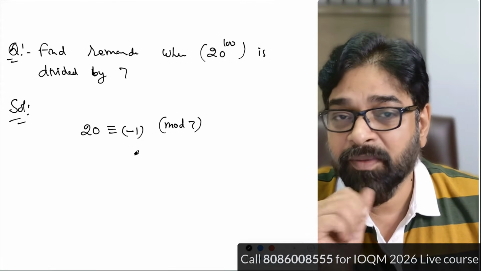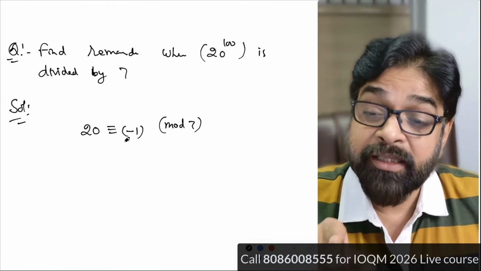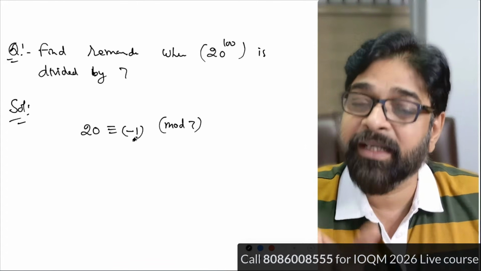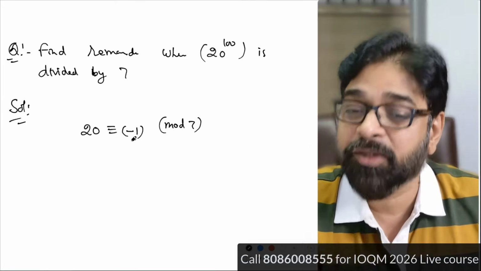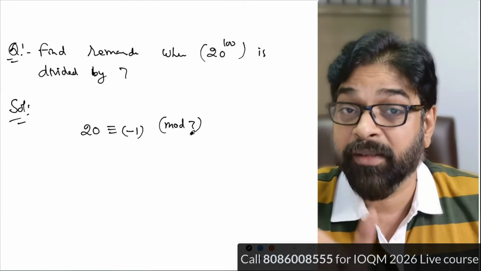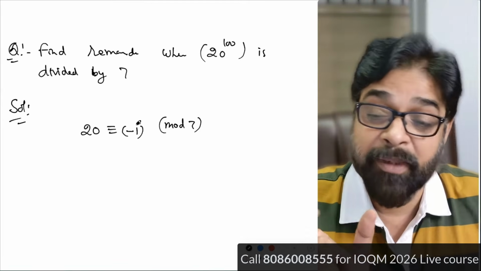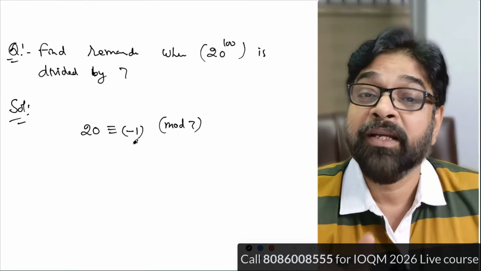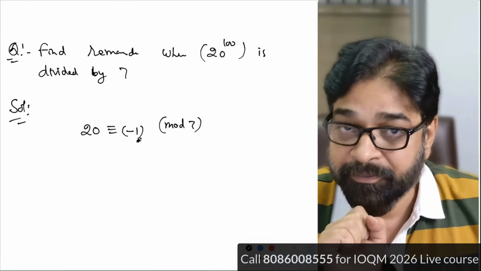So -1. So, sir, is the remainder -1? Remainder is not negative. Basically, remainder is defined in mathematics as a positive number between 0 and 7. That is called the remainder. But we are talking in modular arithmetic, we can replace it with -1 also, because in the language of remainder, 6 behaves like -1.